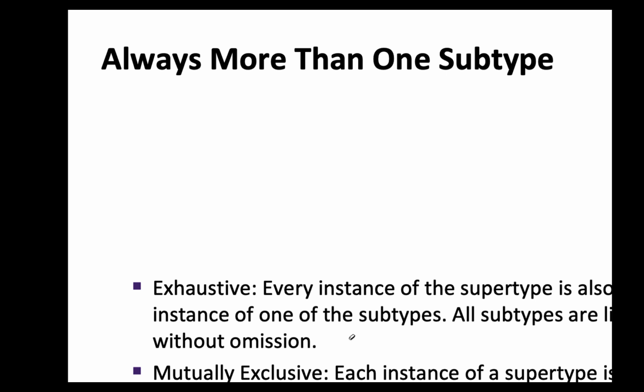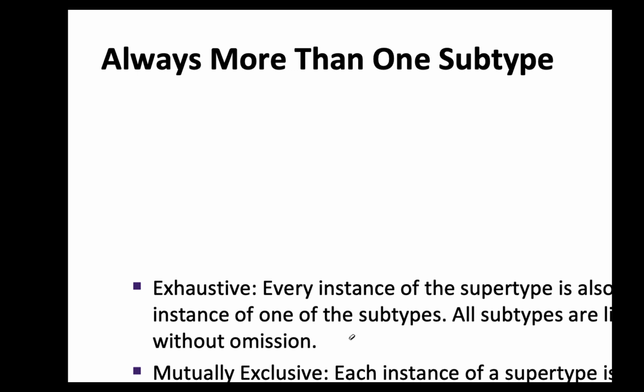What does it mean? If someone is coming for a payment entity, then it should be exhaustive: this type of payment should be placed in one of the subtypes. It could be cash, it could be check, it could be credit card, okay?